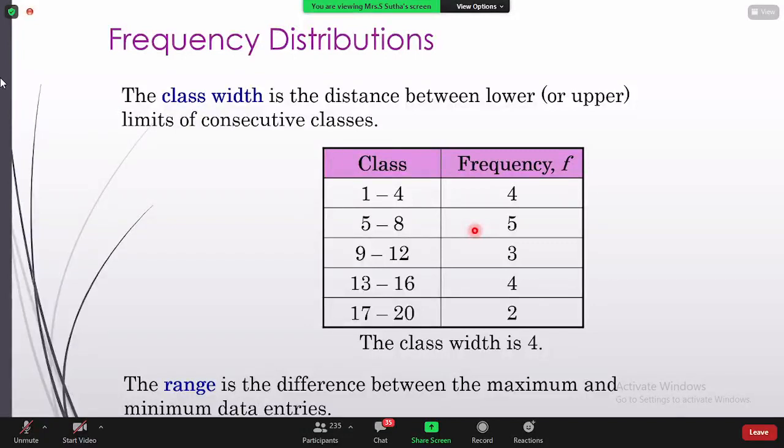For the frequency, range is 1 to 4, right? Now I am asking the range for the frequency distribution, not for a particular class. Range for this frequency distribution.